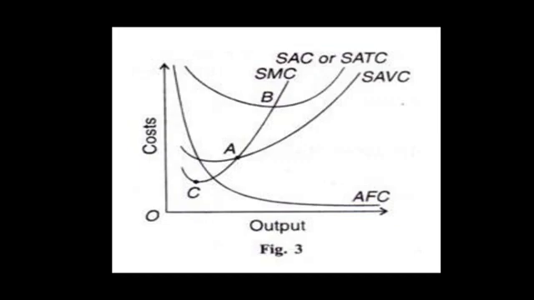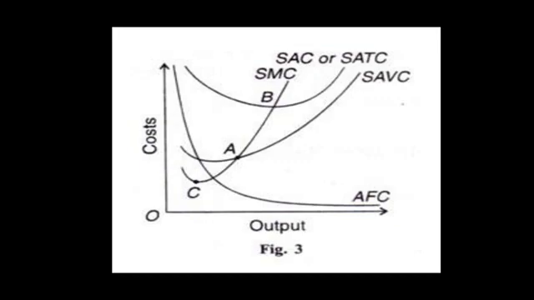The fourth important point which we observe here is that when the marginal cost curve lies above the average cost curve, the average cost is rising. Or in some other way we can state it as: when average cost increases, marginal cost increases faster than average cost, so that the marginal cost curve is above the average cost curve.